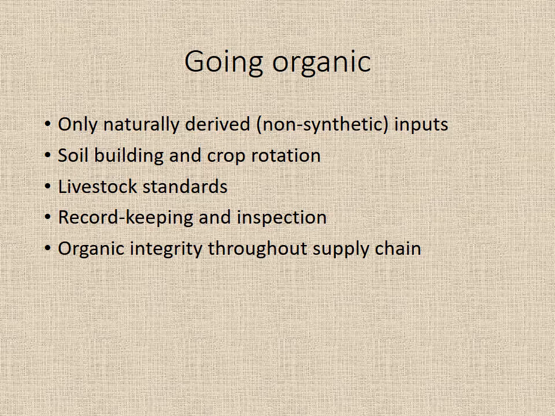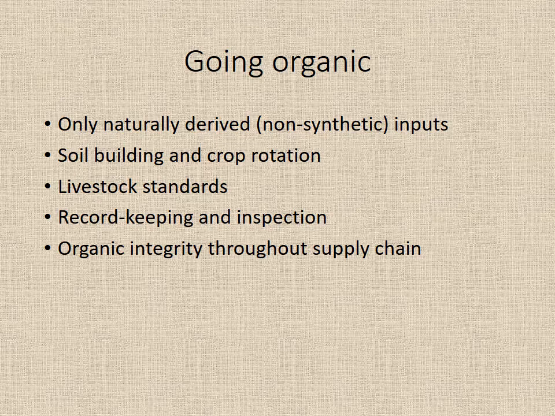Farmers must develop a plan for building and maintaining soil, and must use a crop rotation that meets these goals. The organic rule also includes standards for how animals, if there are livestock on the farm, must be fed, handled, and housed. Farmers have to keep detailed records to document how they're carrying out these practices, and they must allow regular inspections of their farms and practices.